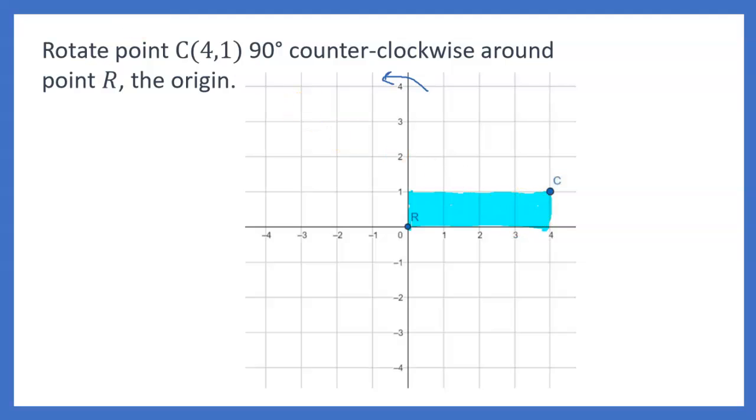If we rotate it 90 degrees this way, oops, we're going to end up with a tall rectangle now instead of a wide one. But it'll be the same dimensions, so we're going to have 4 up and then 1 across.